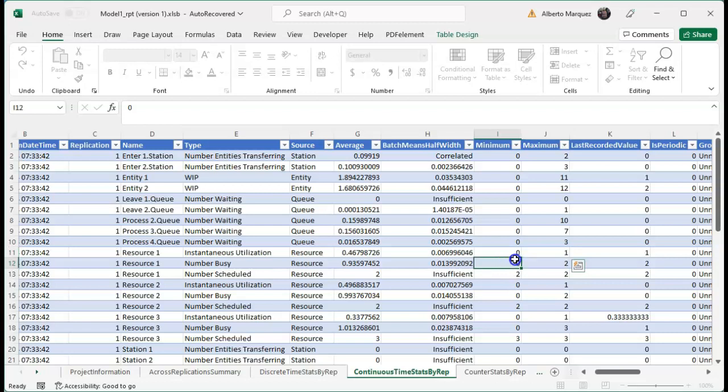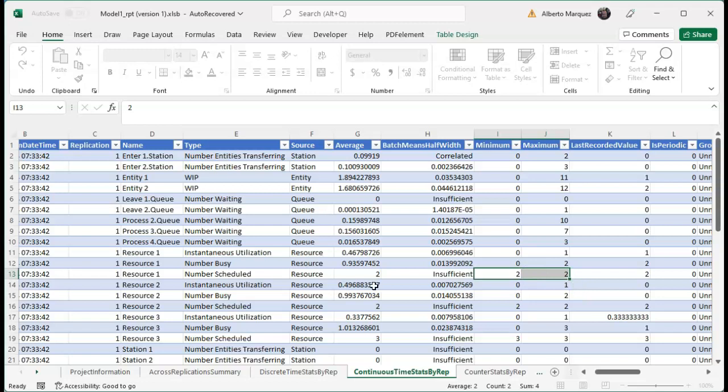For the number busy, the minimum value was 0, but at some times during the system run we saw the maximum number of observed resources, machine A or B, was 2 of them. The total schedule is we had 2 as a minimum and the maximum was 2. That is how many we have considered available.